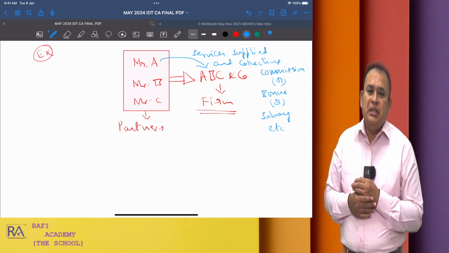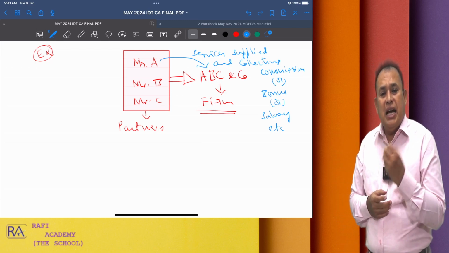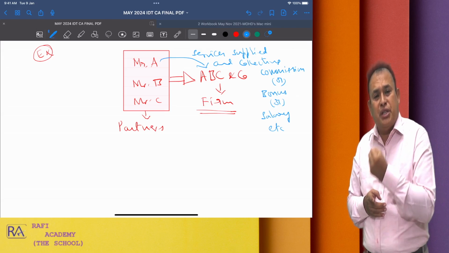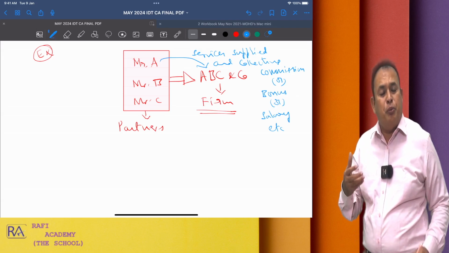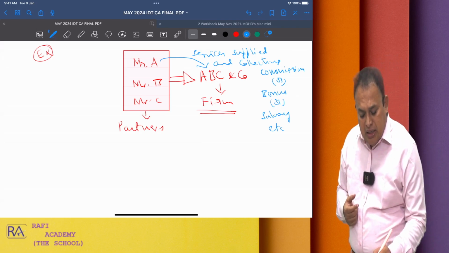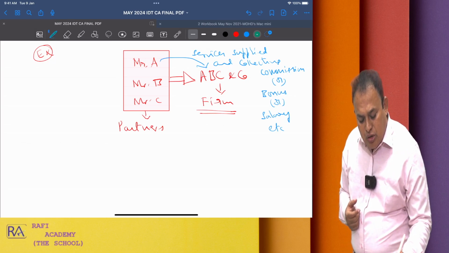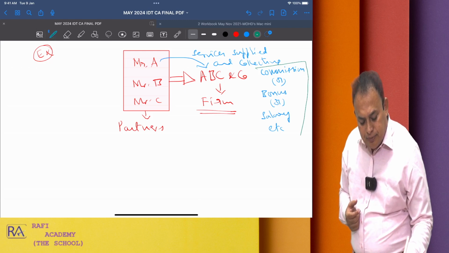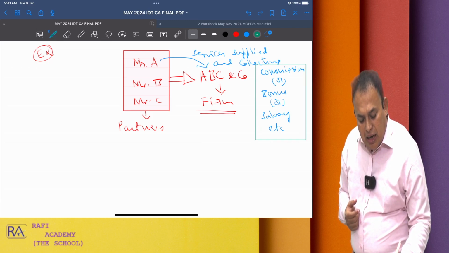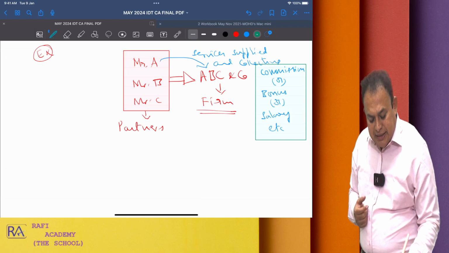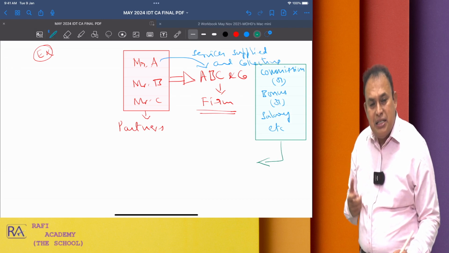If so, in the given case, the salary, bonus, commission drawn by Mr. A from his partnership firm ABC and Company, these items are going to be taxed under which head? Is it under the income tax head in the hands of Mr. A?